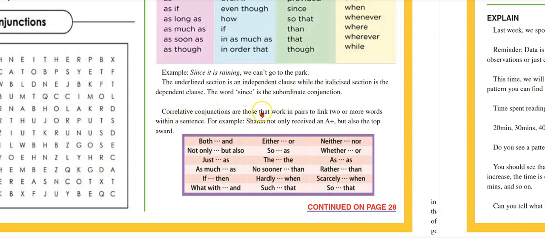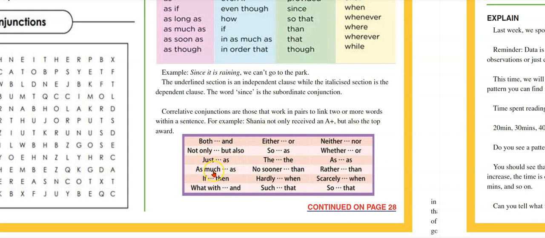Correlative conjunctions are those that work in a pair to link two or more words within a sentence. For example, Shania not only received an A, but also the top award. So here are a few of those. Both and, not only but also. So not only, but also, that's the example there.